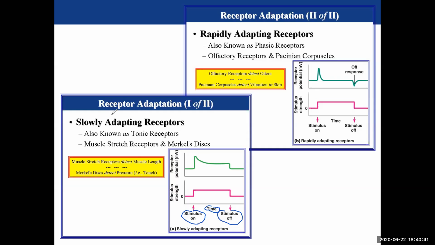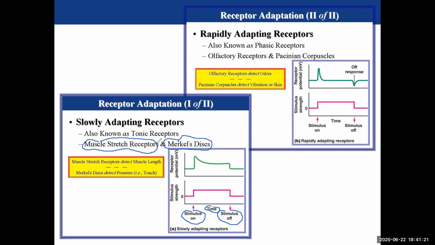When we say slowly adapting receptor, they are also known as tonic receptors. They remain active as long as the stimulus is present, as long as the sensory modality is present. Specific examples would be muscle stretch receptors, which we're going to revisit when we talk about the muscle unit, and Merkel discs in our cutaneous membrane.